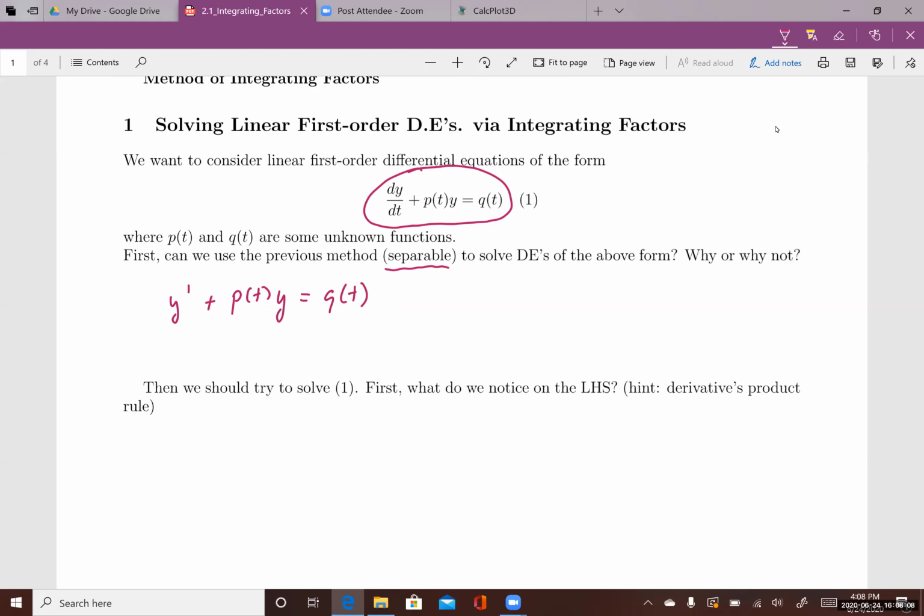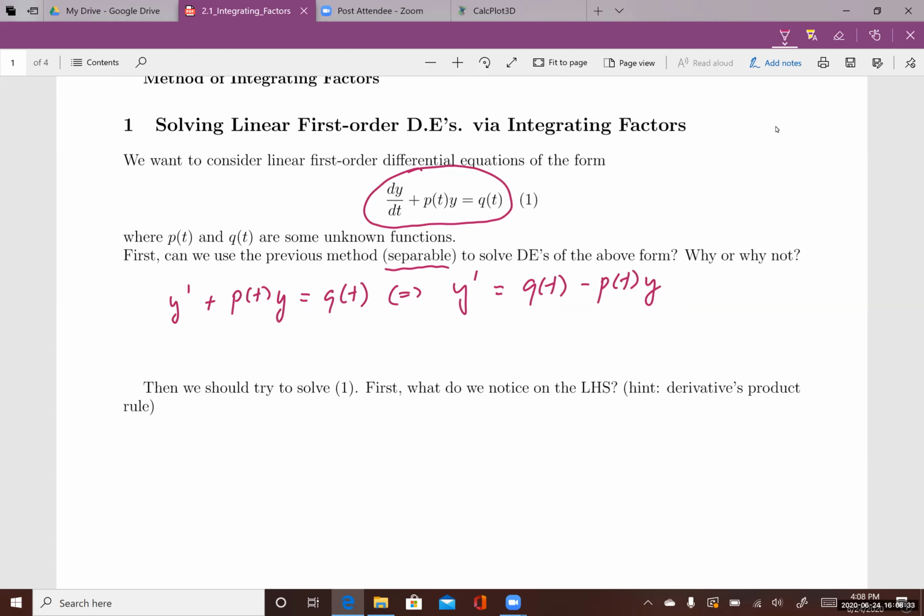And I can try to move the y. Well, in a separable equation, you need to move y prime and y to one side and functions of t to the other side. Well, I can try to move this to the other side, to see if we can do anything with it at this point.